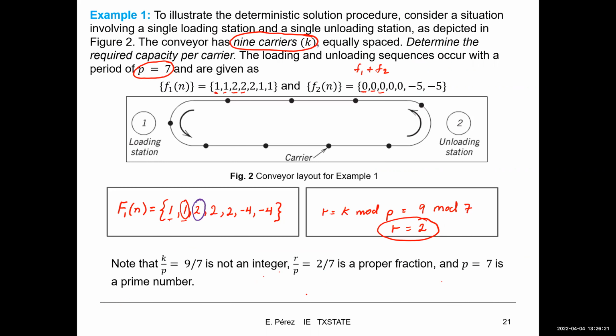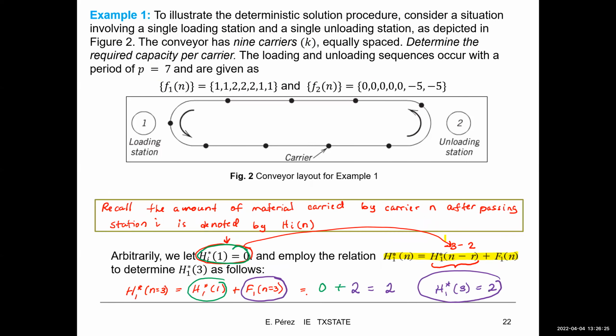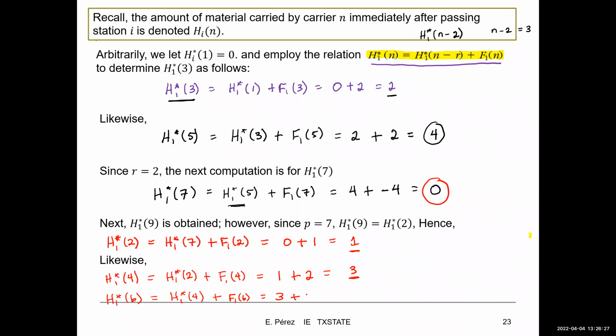That'll be 1, 2, 3, 4, 5, 6 minus 4. And this will be equal to minus 1. Okay. So I now have all the values for the H stars.